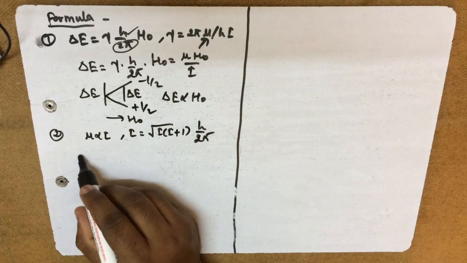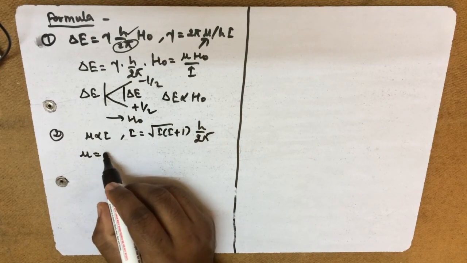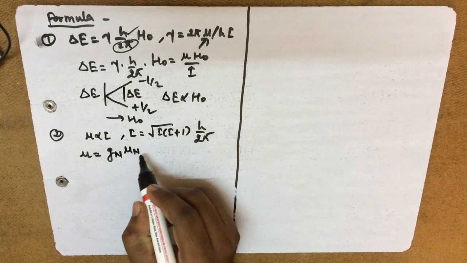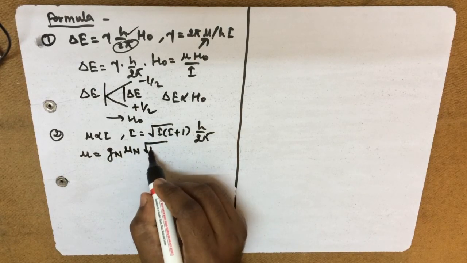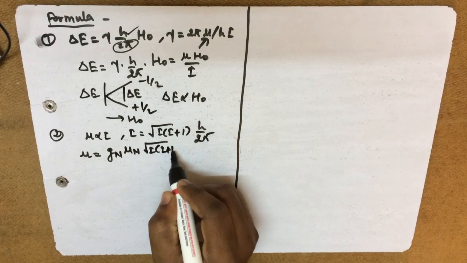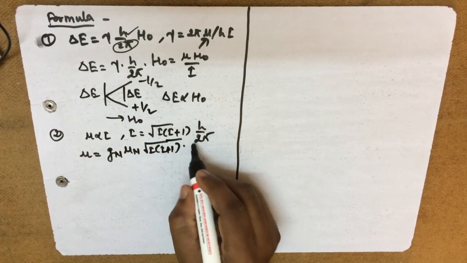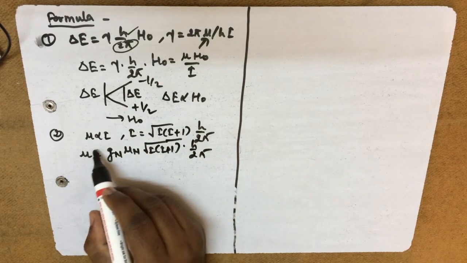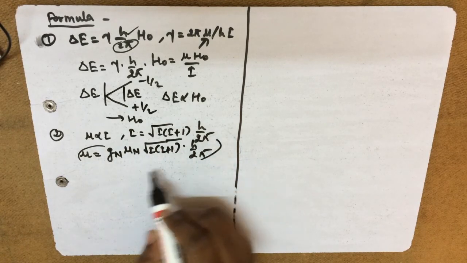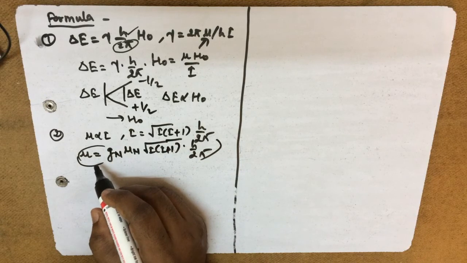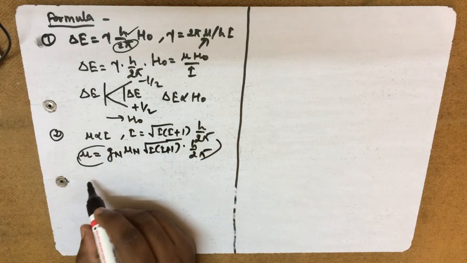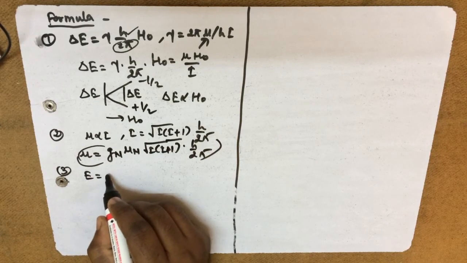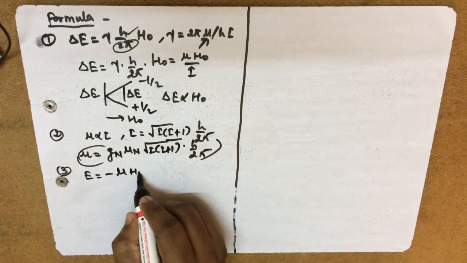You can write mu is equal to g_N mu_N root of I(I plus 1) into h upon 2 pi. This is also an important formula. And the third is equal to minus mu H0.